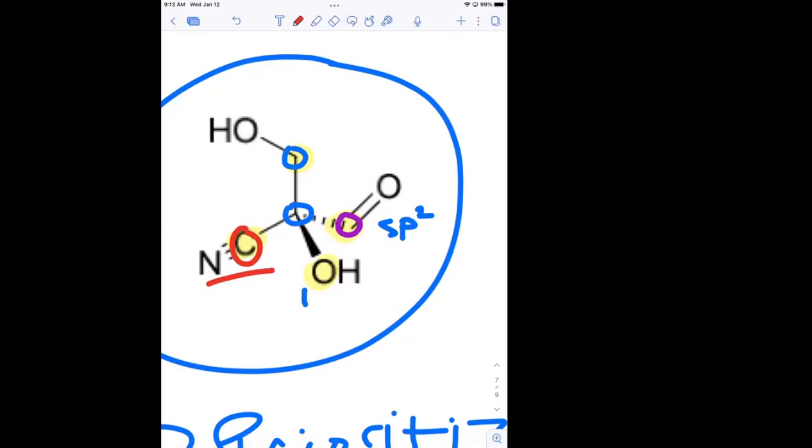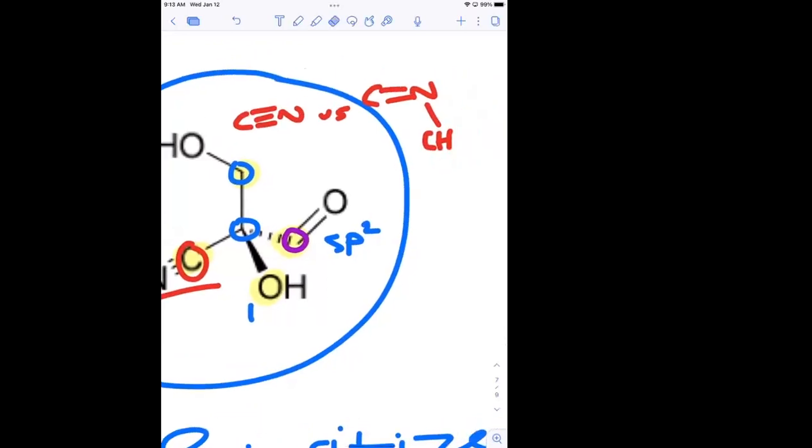Excuse me. Okay. You following that? So if I was comparing the cyanide versus an amide, then this would be higher in priority because it has 3 bonds to nitrogen, where the other one has 2.